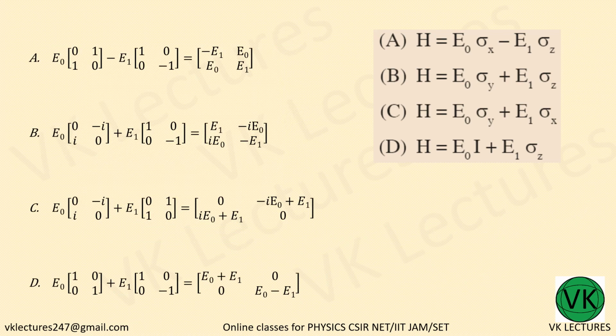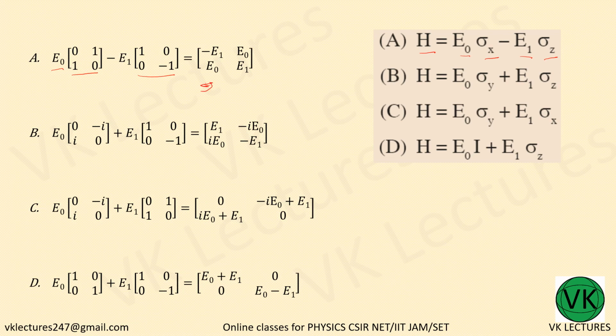In the first option, you have H equal to E0 sigma x minus E1 sigma z, which is the matrix with entries minus E1, E0, E0 and E1. Now what is the determinant of this matrix?